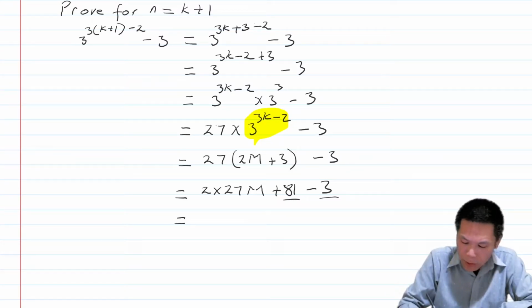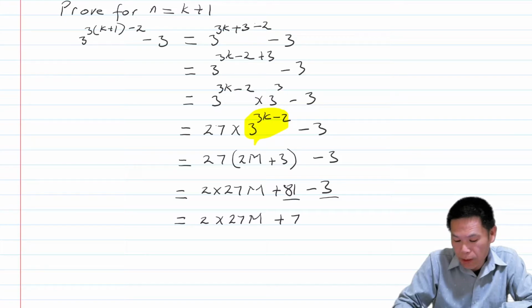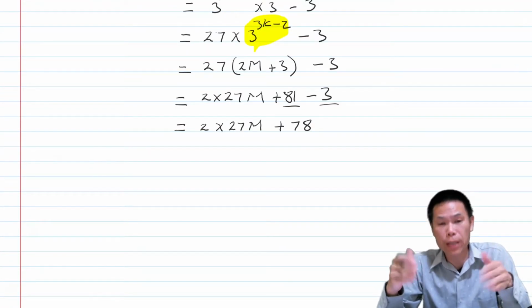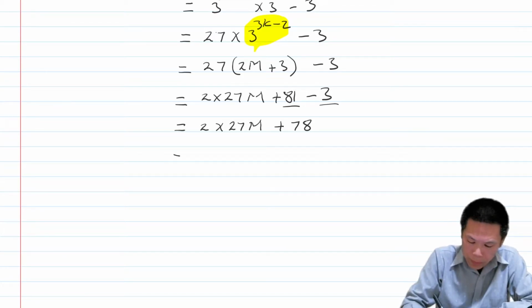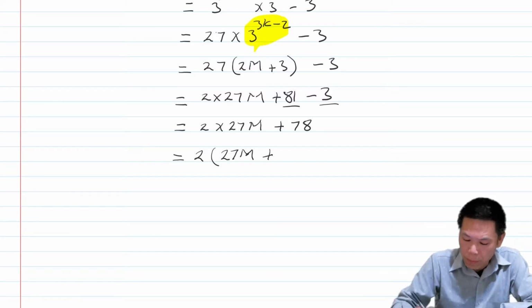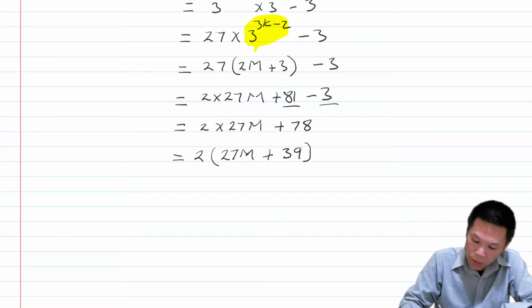So that equals 2 times 27m plus 78. So now I just take the common factor out. That is 2. So that gives me 2 times 27m plus, so 78 divided by 2 is 39.